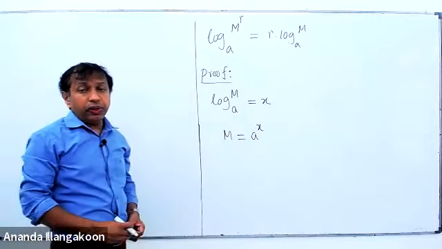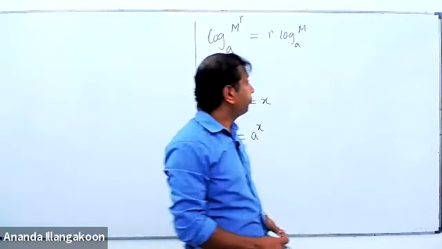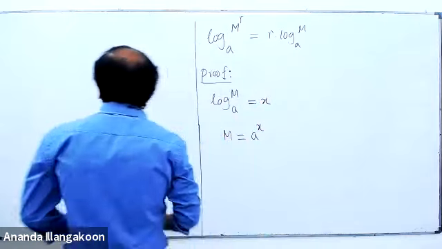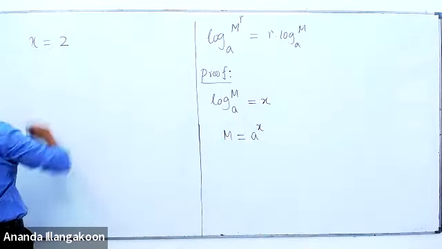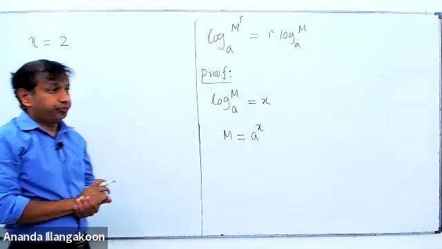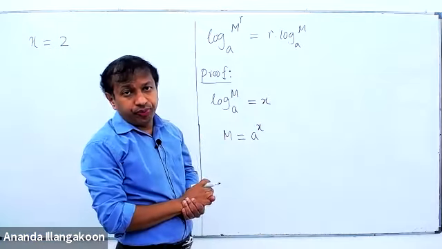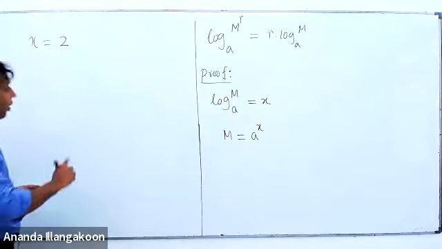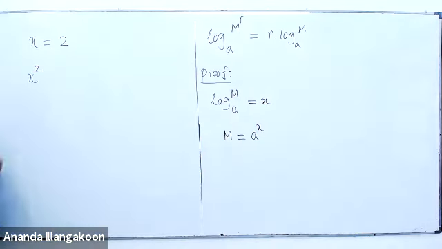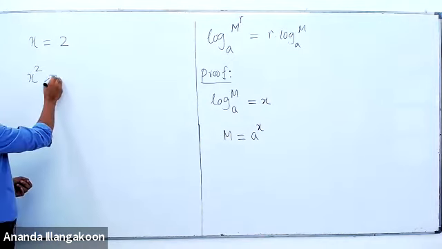Now, if we have x is 2, how do we find x squared? 2 squared.